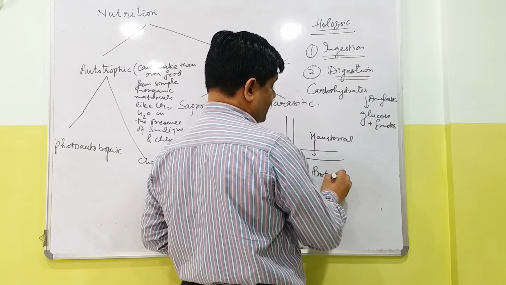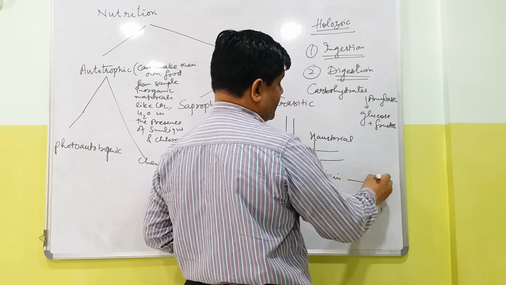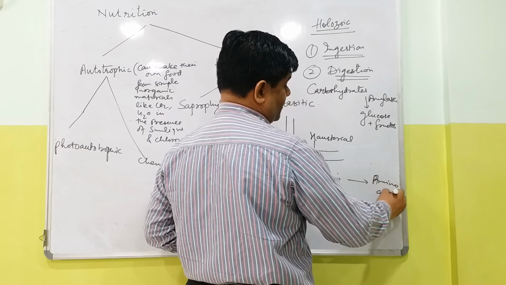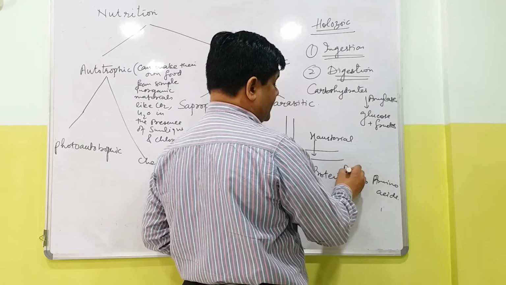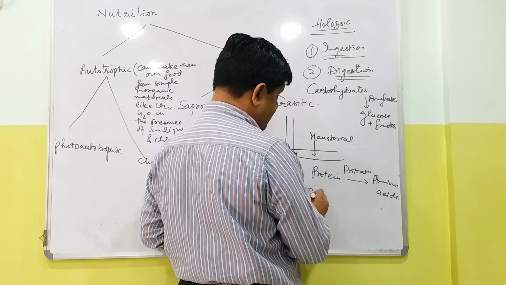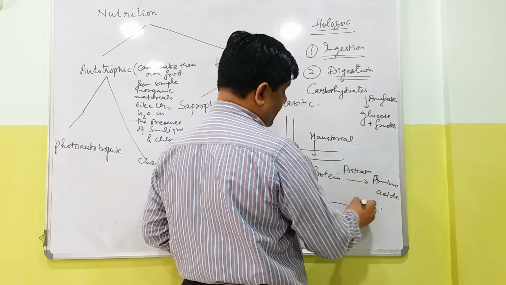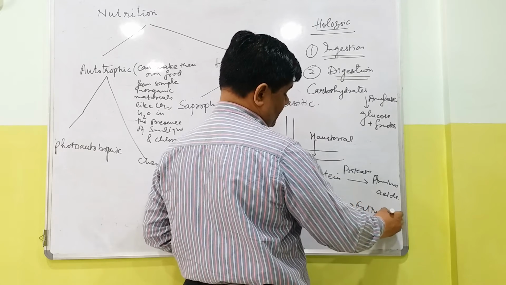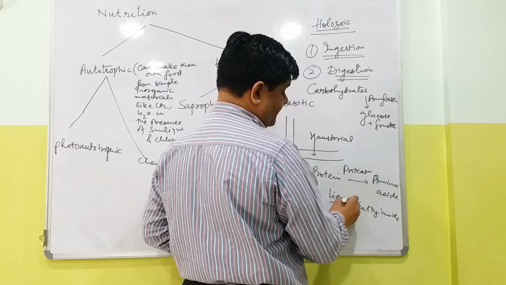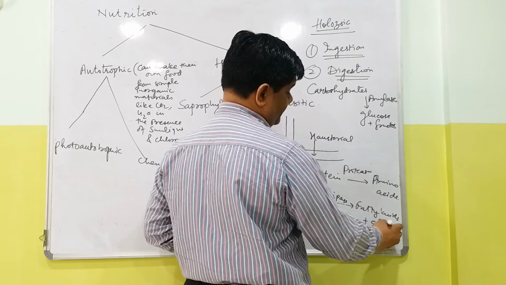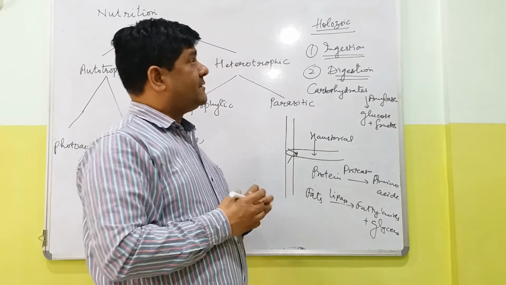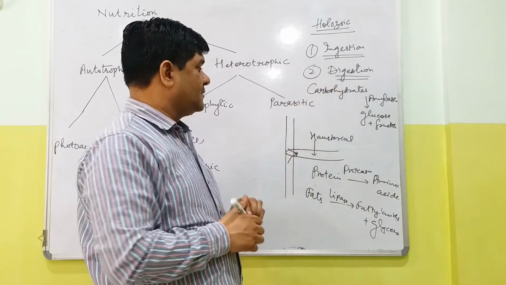Similarly, proteins are broken down into amino acids with the help of protease enzymes. Similarly, fats are broken down into fatty acids and glycerol with the help of the enzyme lipase. The process of breaking down complex food into simpler form is called digestion.